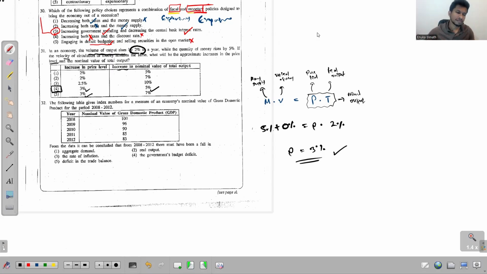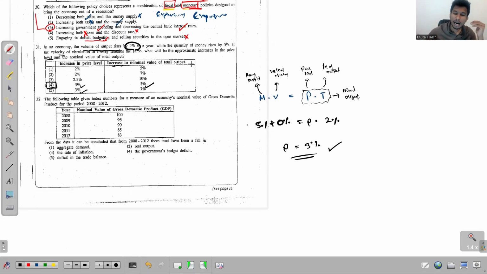If you take relatively higher values for these percentages, now in this question we get it as 5% and 2%, and there's no increase at all here for the velocity of money circulation. But if you assume relatively higher values for those variables, then this method will generate an incorrect value. Then you have to go for the method that I mentioned. So that's the accurate method.